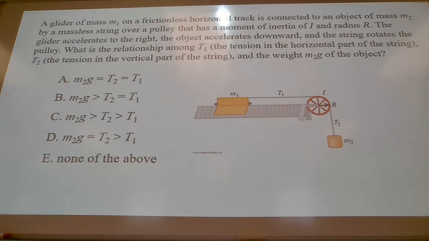Tell your neighbor. Did you have a problem with that? Yeah, it's so much more visually easy to see. Correct answer is C.